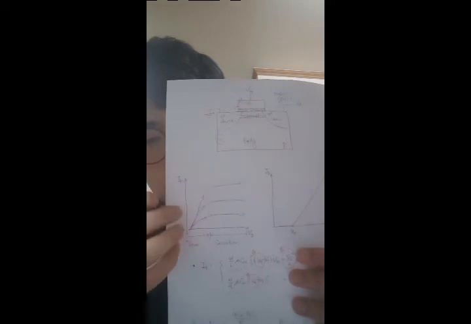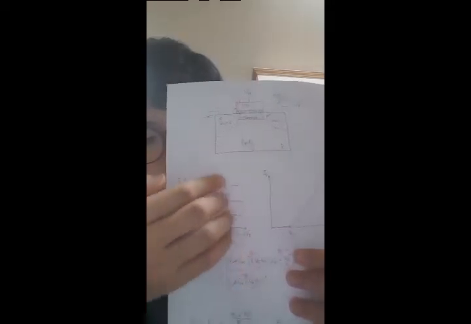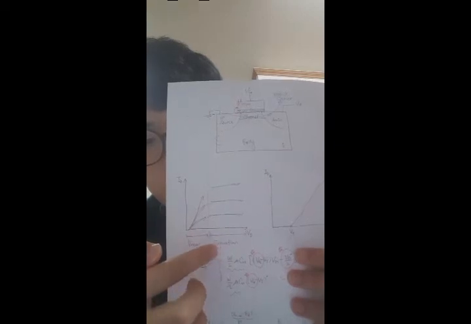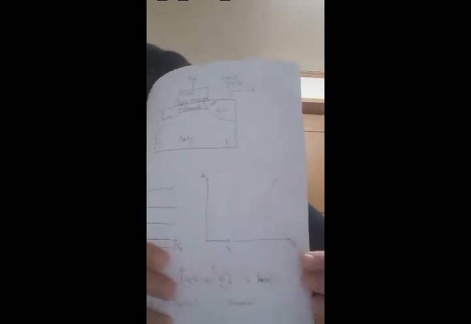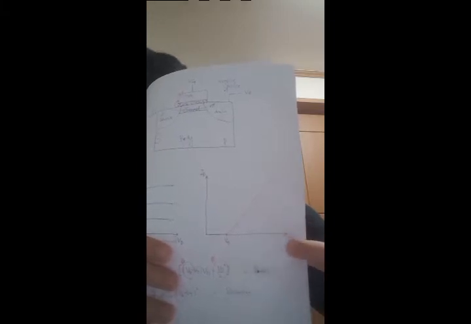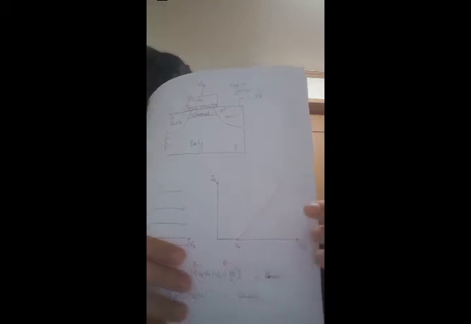So we call this part the linear region, and the part after the point the saturation region. And with this graph, we can know that the current occurs after the gate bias gets bigger than the threshold voltage.